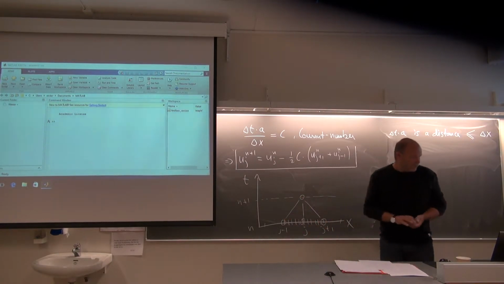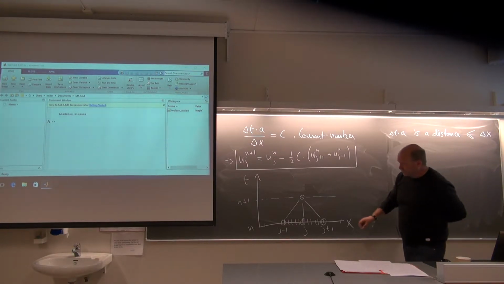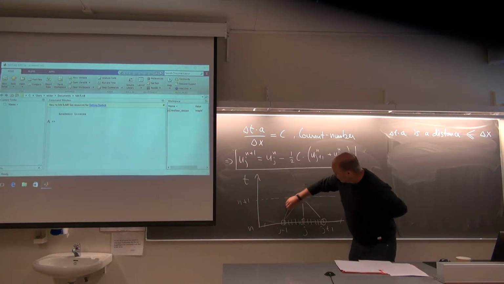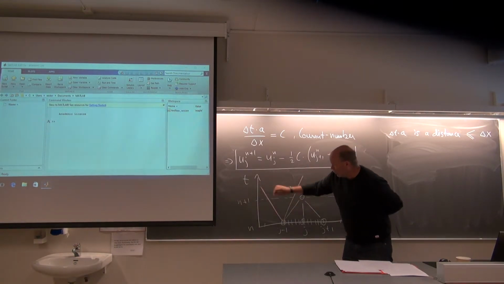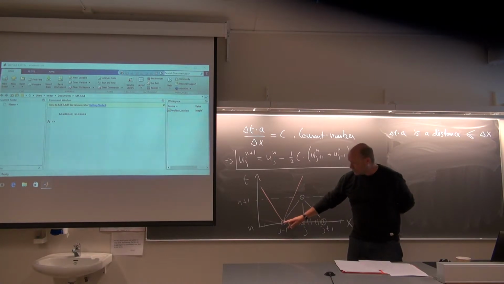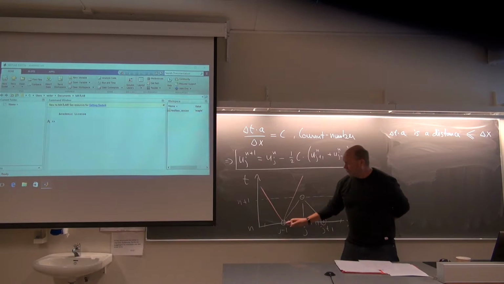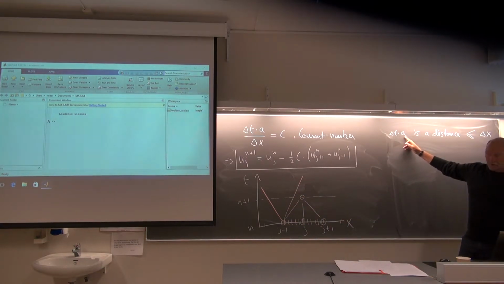And then, I should use another color here. Pink. If these are the characteristics, they could go either positive or negative way. So this information at this point is traveling to the right or to the left, depending on the sign of the transport velocity a.